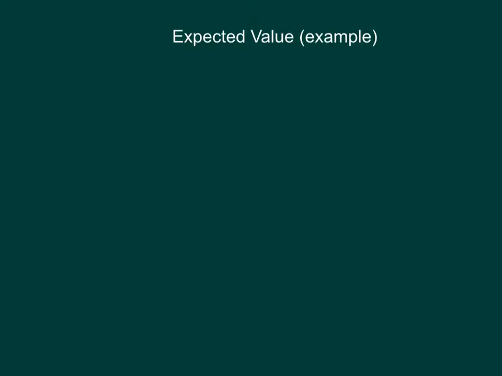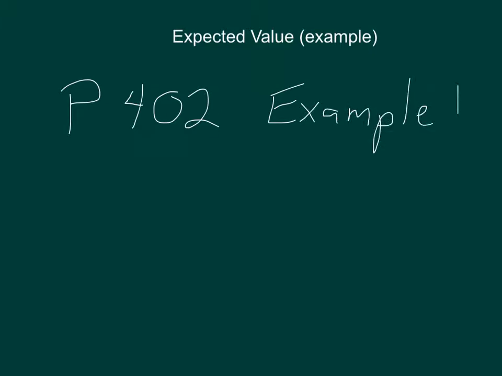Alright, in this video we're going to carry on with the example that we started from the last video. Just to remind you, that was page 402 in our textbook, example 1.